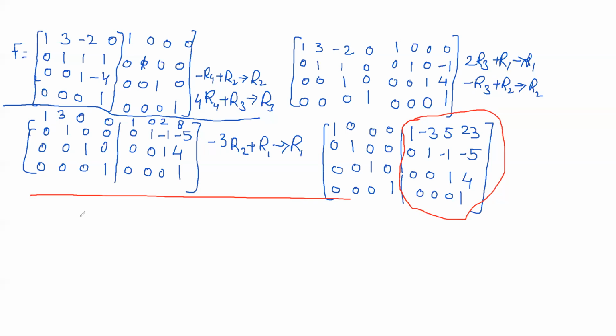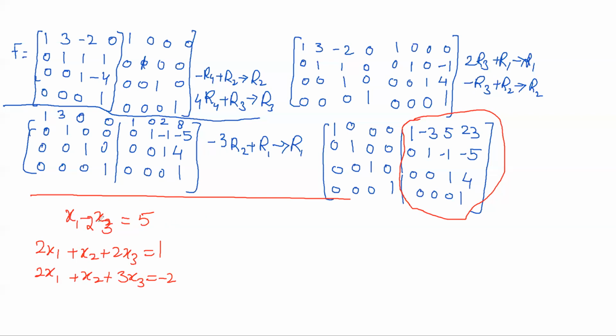For example, if we have a system of linear equations like x1 minus 2x3 is equal to 5, 2x1 plus x2 plus 2x3 is equal to 1, and 2x1 plus x2 plus 3x3 is equal to minus 2. Using the inverse matrix technique, we can find its solution.